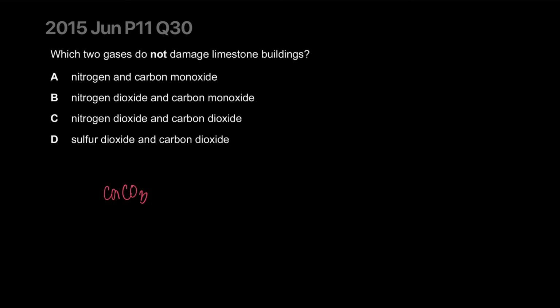acid, right? So essentially, which gases over here are not acidic? Now, I don't know how confident you are with this. Nitrogen is not acidic at all, because otherwise we'd be in for a very difficult time, as that's 80% of air. Carbon monoxide, contrary to popular belief in the O-level student population, is also not acidic.